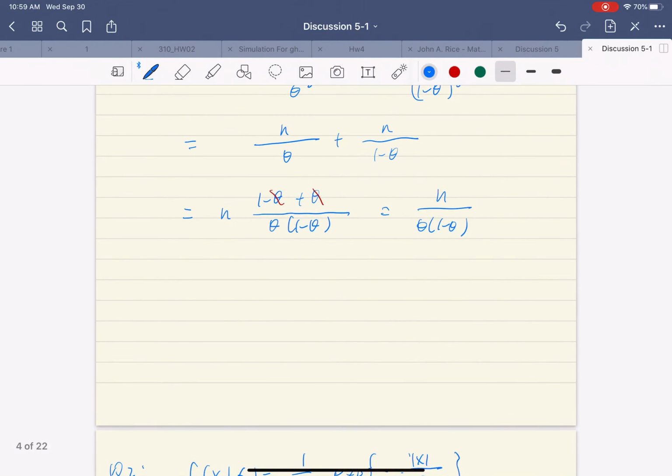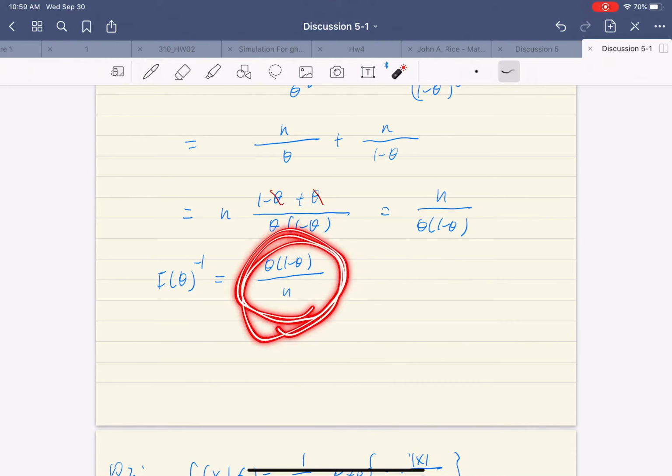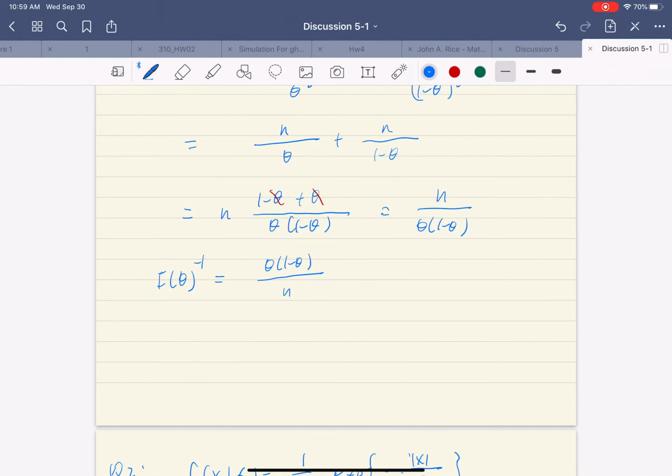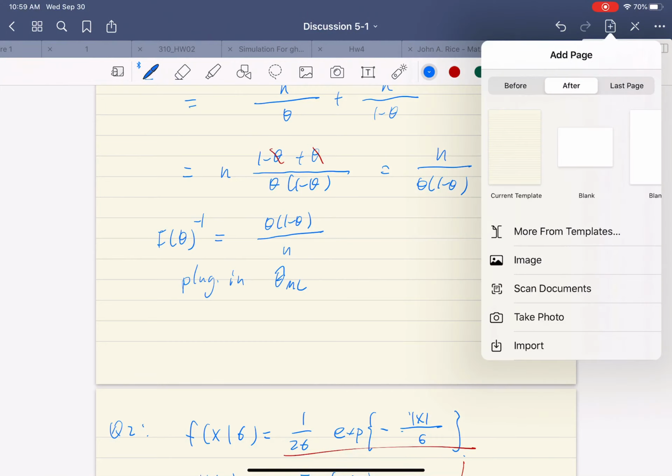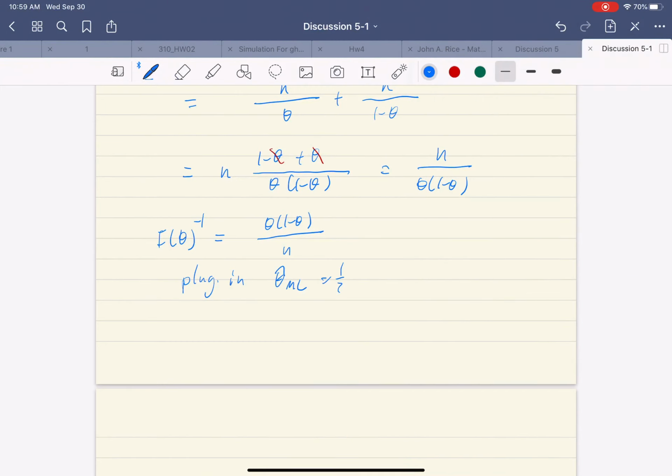But here, we don't know what theta is, so we plug in the estimator. What we have is the MLE estimator, so we plug in theta hat MLE, which is 1 over 3.